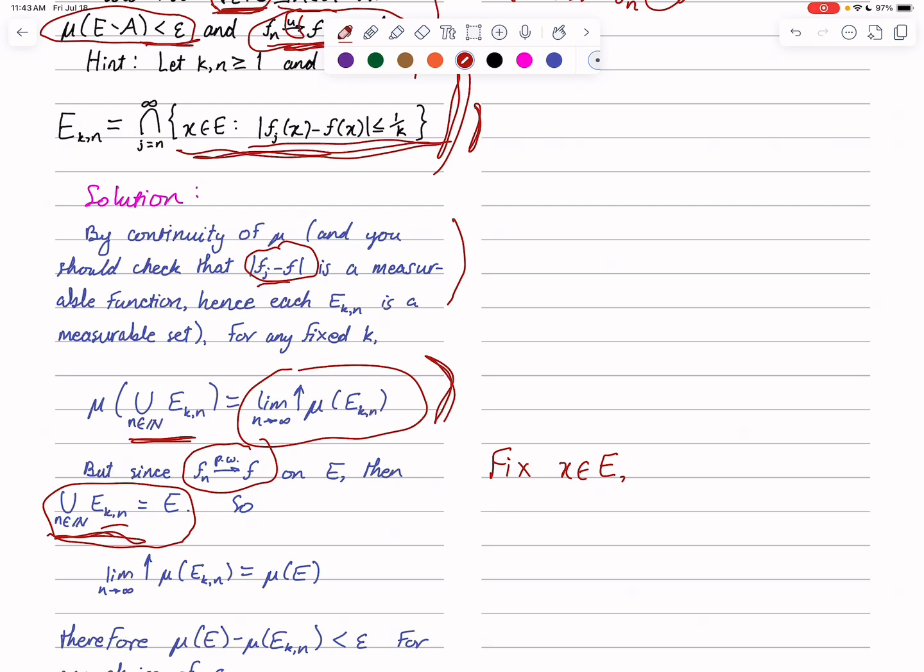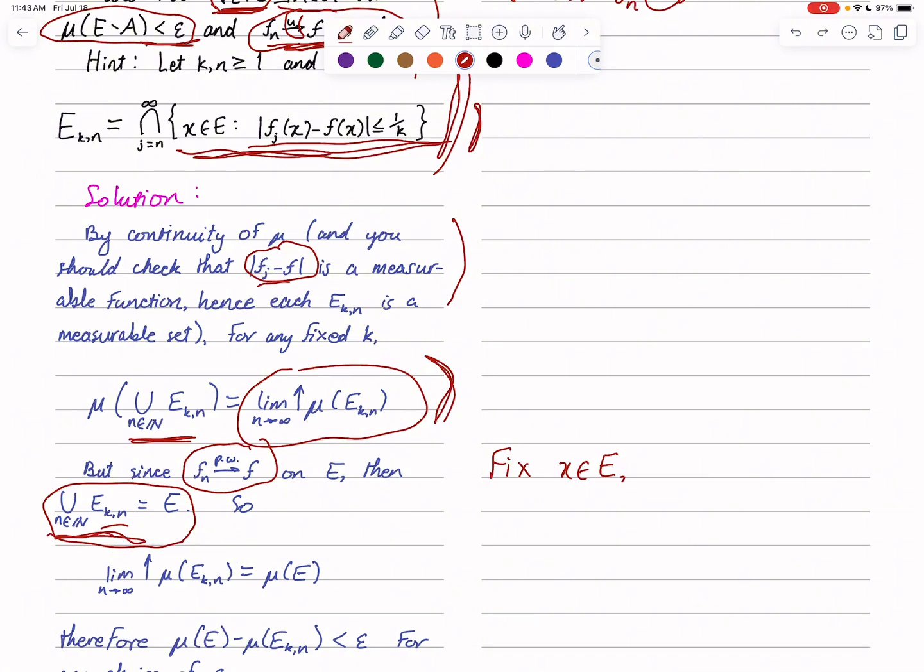Again, keep in mind k is a fixed number, so when we think about how k is used in these sets, we essentially have a separation between f and the functions in the sequence.